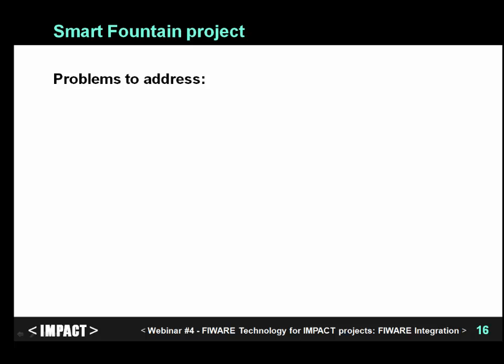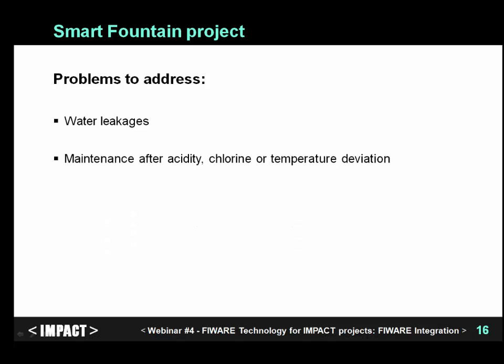So, if you think about it, fountains are managed in a very offline way, not automated at all, and there are many problems around public fountains. For example, there are water leakages, and there are maintenance problems due to acidity, chlorine, temperature deviation.